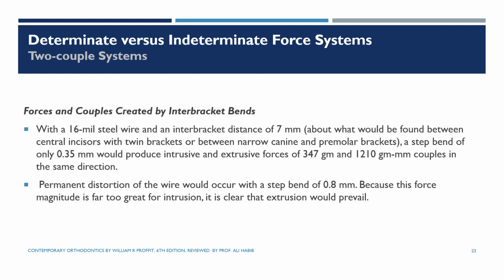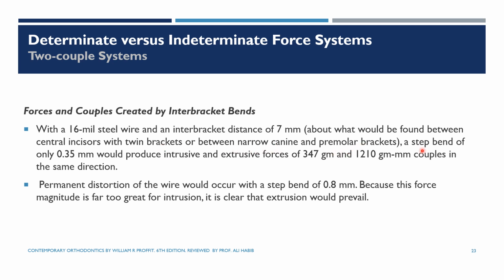In an experimental model, they measured the effect of a step on two brackets, like two centrals, with an interbracket distance of 7 millimeters, which is equivalent to the distance between two central incisors with twin brackets, or between narrow canine and premolar brackets.